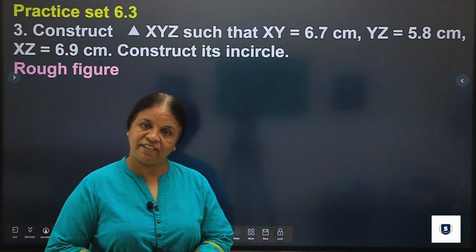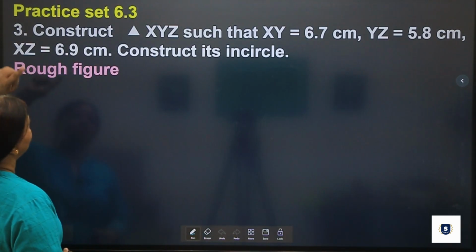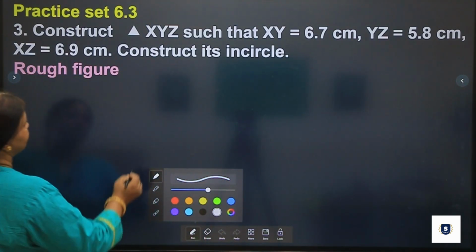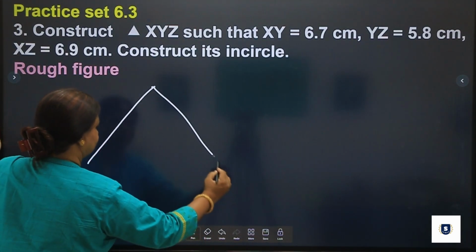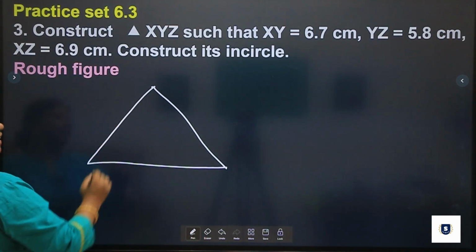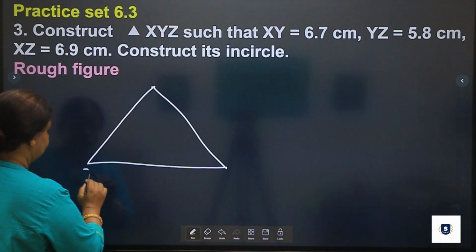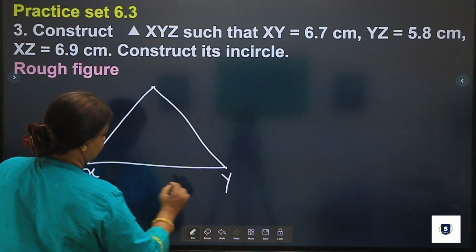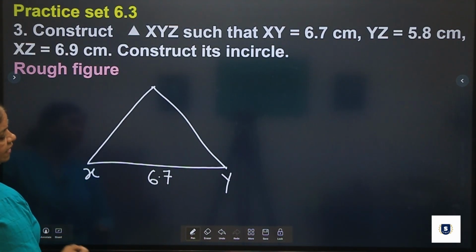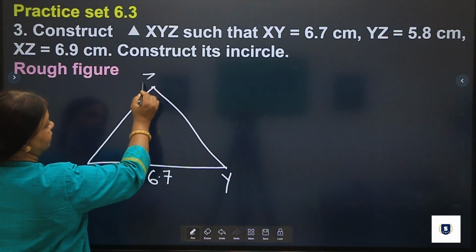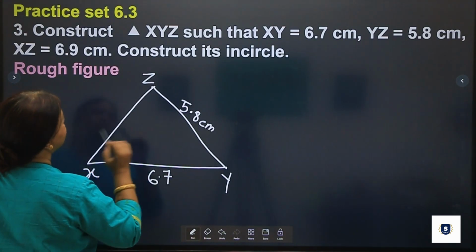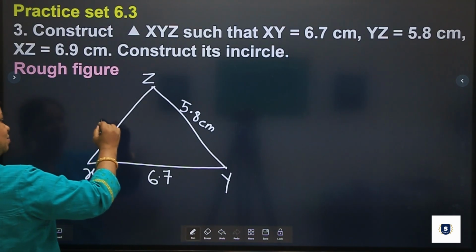Practice set 6.3, the third sum. We have to construct triangle XYZ. Rough diagram, children. Such that XY is 6.7, YZ is 5.8, and XZ is 6.9.